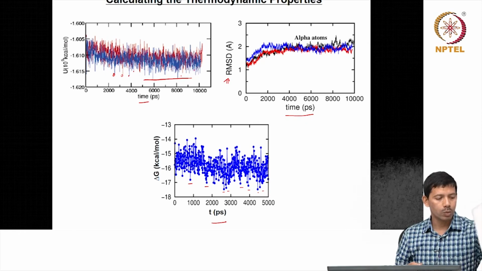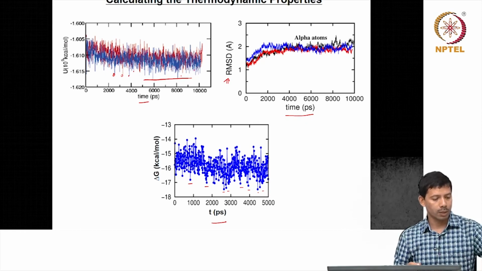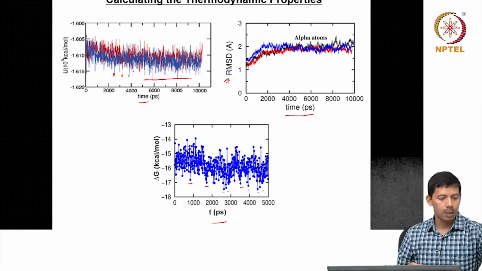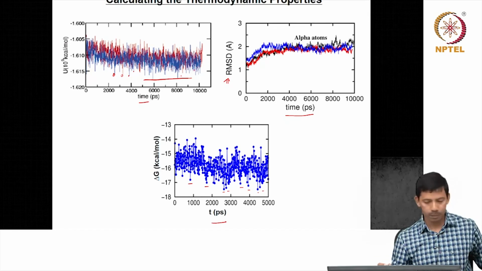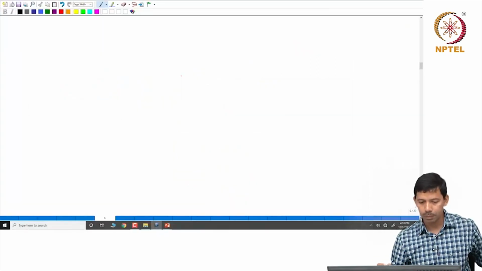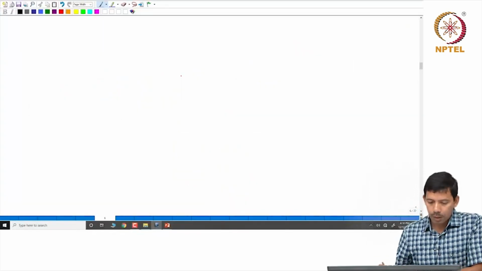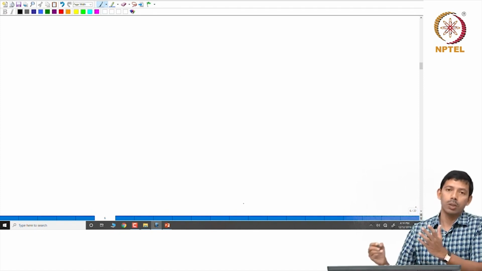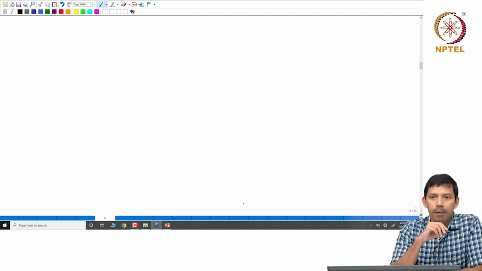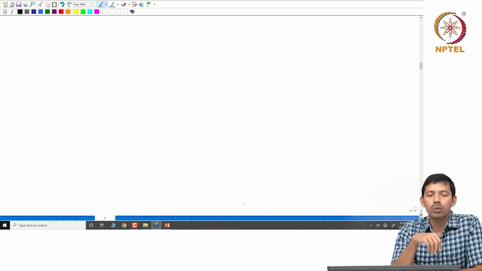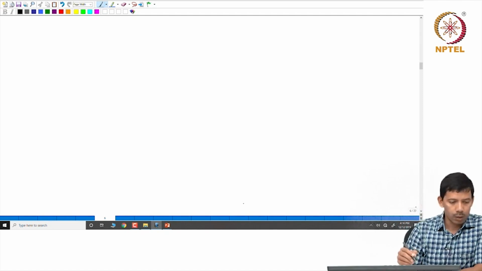We have discussed how we calculate the average property. I will just take a couple of examples. If you simulated your system and generated several microstates, and now I am asking you to calculate the average potential energy of the system, how will you calculate?